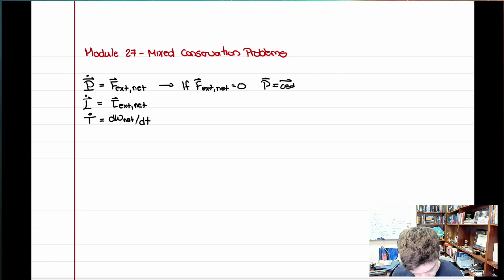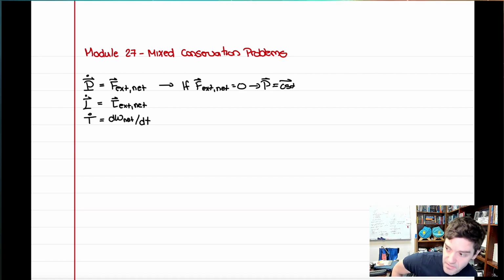Which might be true only for a component of the momentum, right? If it's the case where there's no net external force in the horizontal direction, but there's gravity and normal forces and things in the vertical direction, then maybe you can say that the horizontal momentum is conserved overall, or something like that.